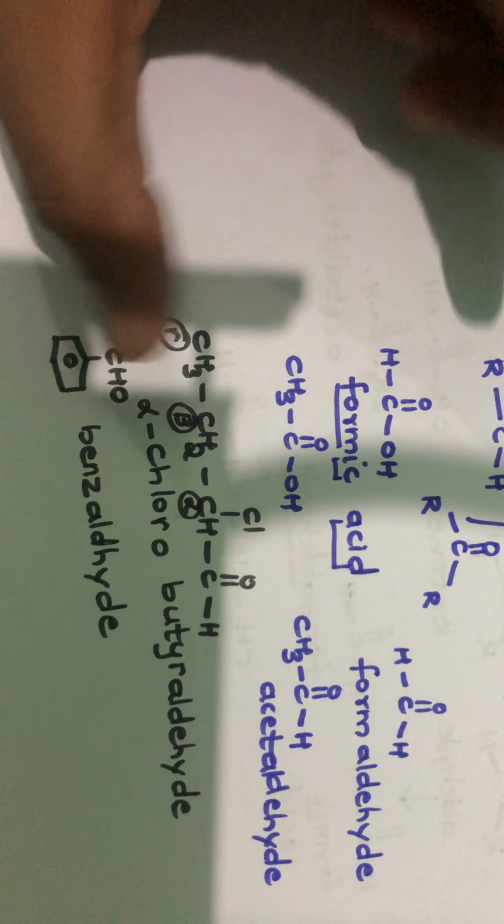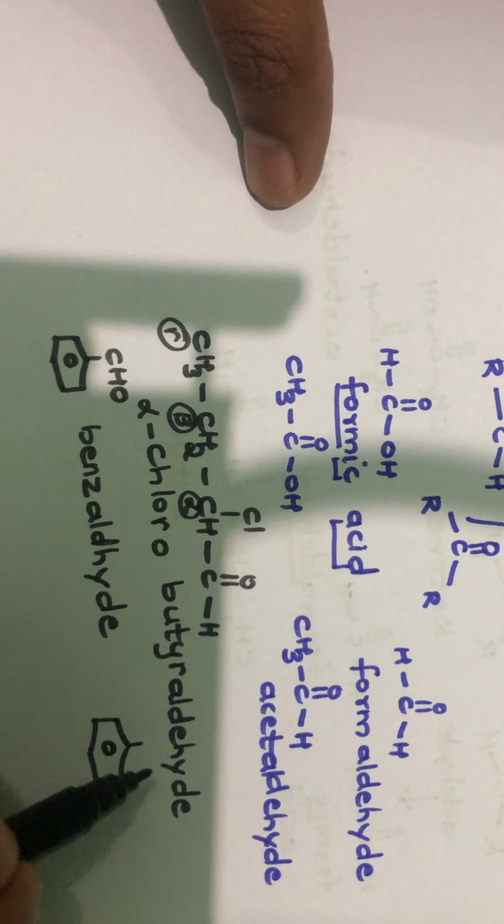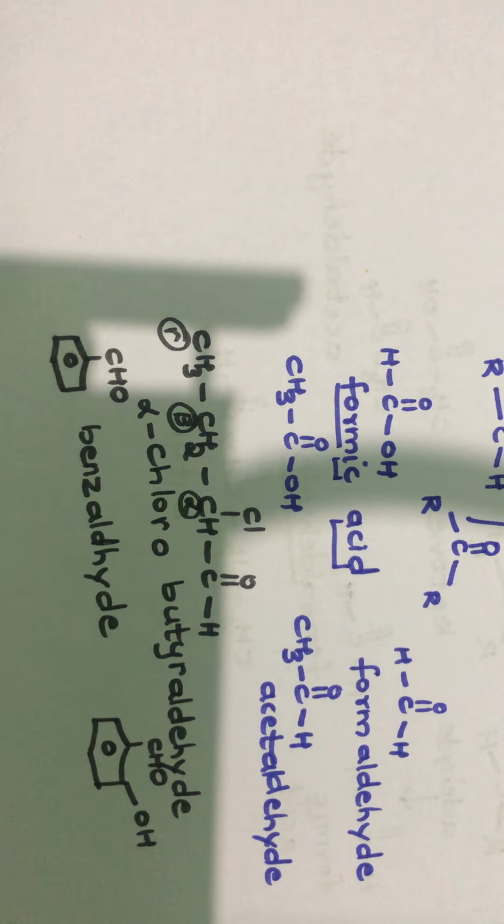Now, if there is a substitution on benzaldehyde, that means an aromatic aldehyde, then the position of the substituent is indicated by the prefixes ortho, meta and para.